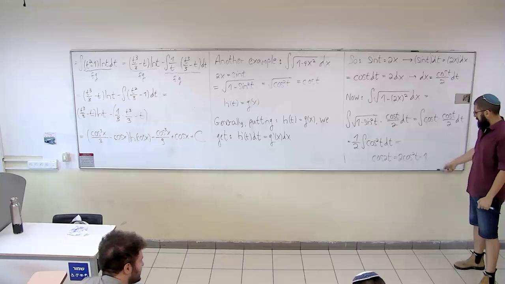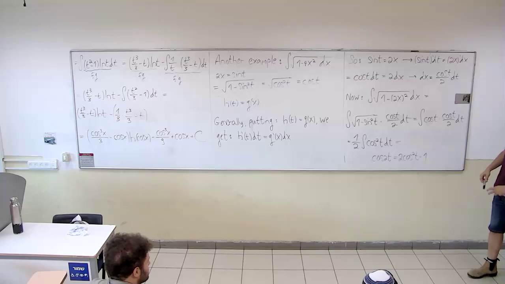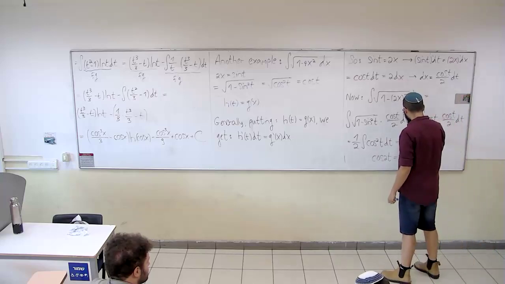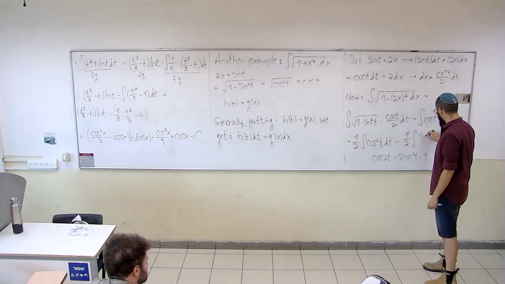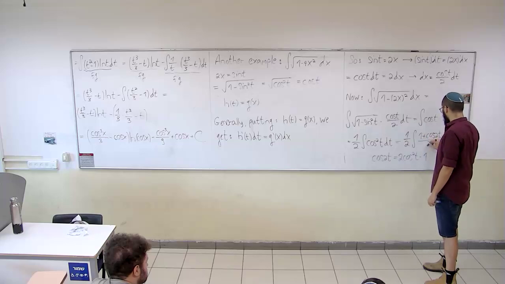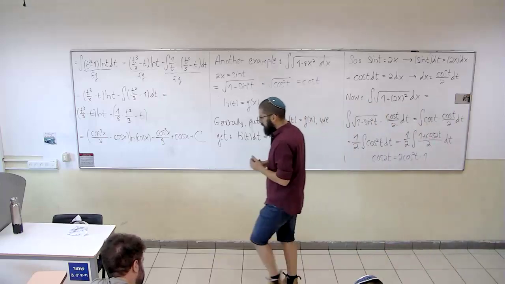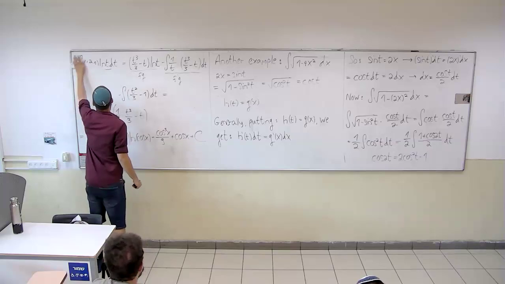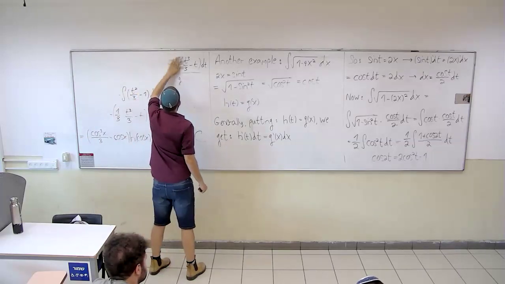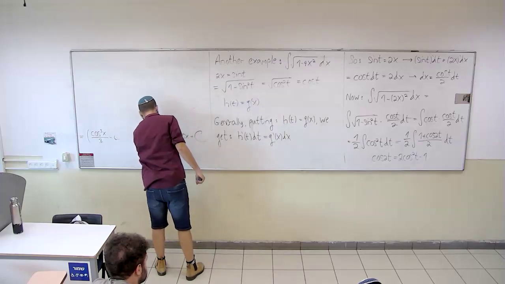So now we can have cosinus squared t be 1 plus cosinus 2t above 2. Putting the 2 outside, it's already 4 down there. We get an immediate integral. 1 becomes t, cosinus is sinus.